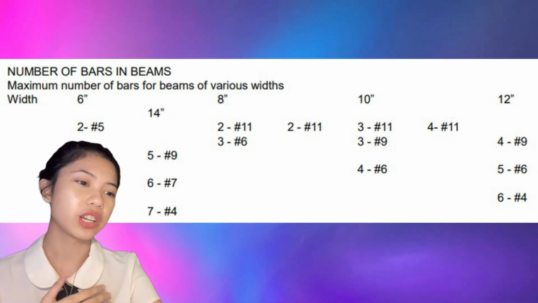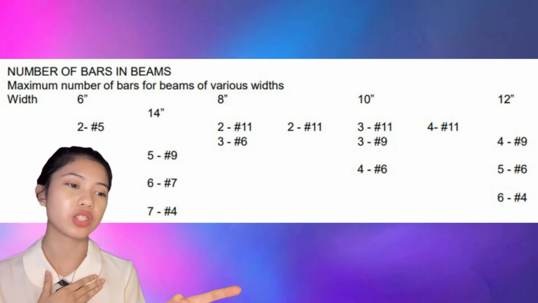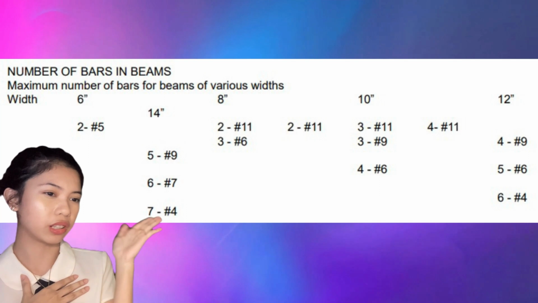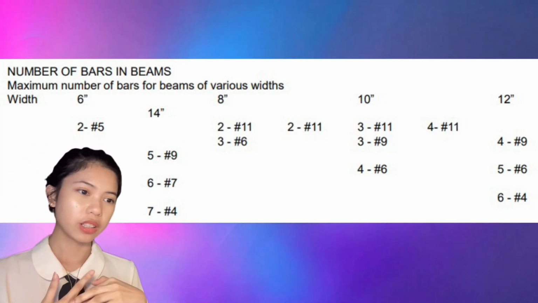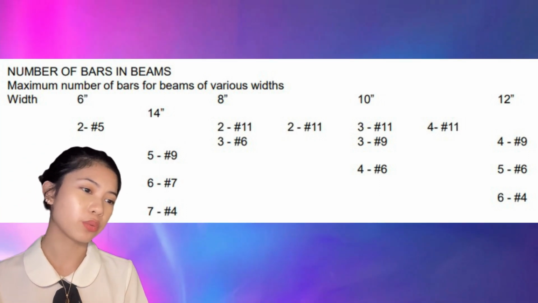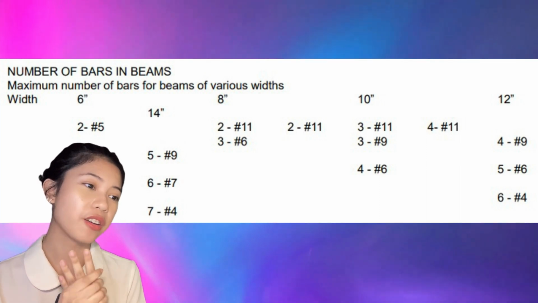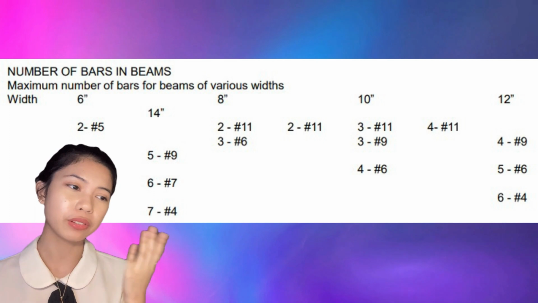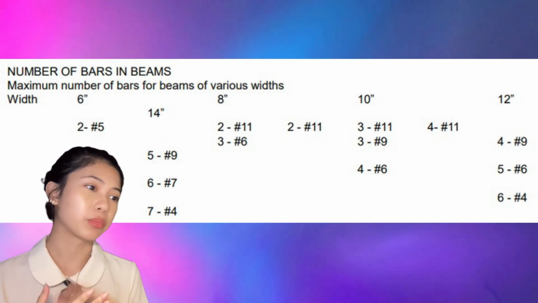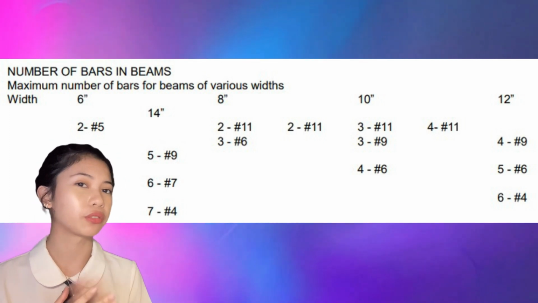So for instance, in a 12 inches width beam, pwede kang magamit ng 4 ka number 9 bars. Pwede po 5 ka number 6 bars, 6 ka number 4 bars.